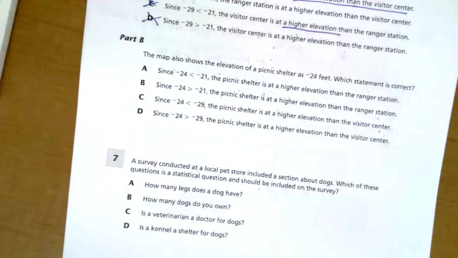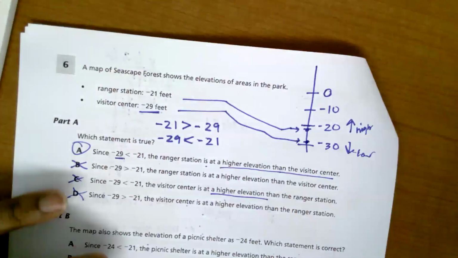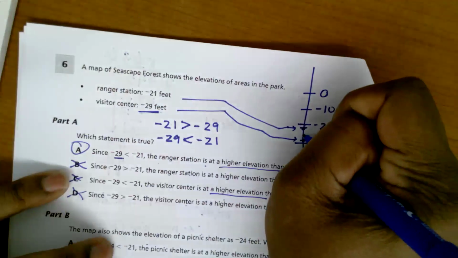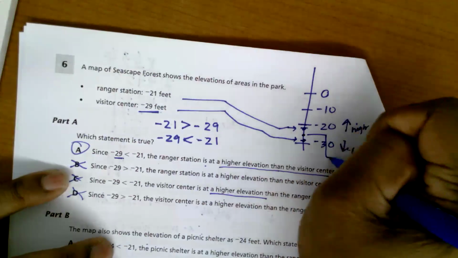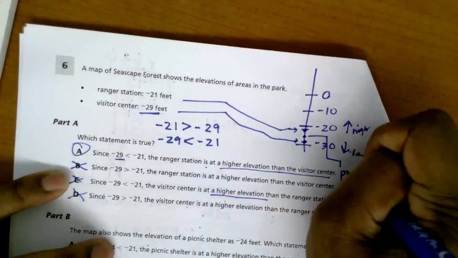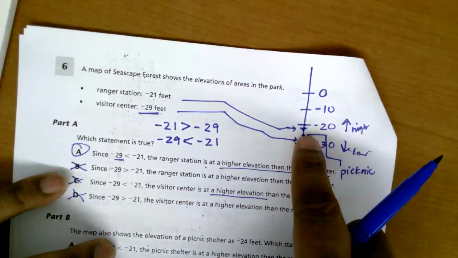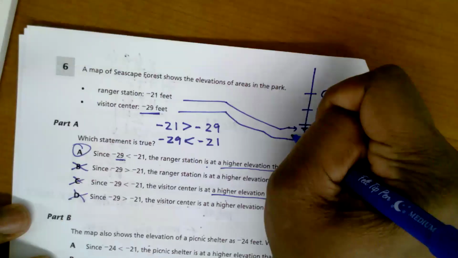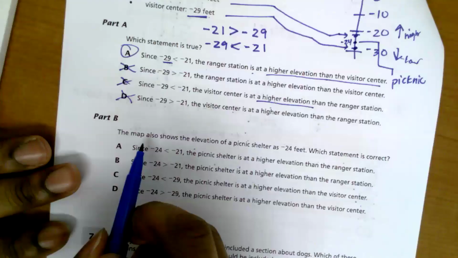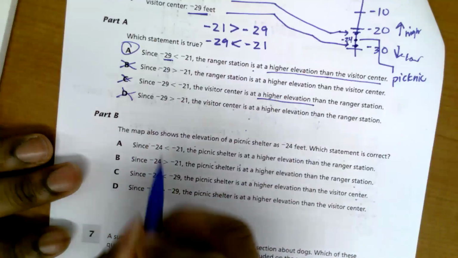The map also shows the elevation of a picnic shelter as negative 24 feet. Okay, so negative 24 feet is somewhere here. The picnic. You see why drawing it really helps you see it? It's about negative 24. Okay, so here's the connecting negative 24.